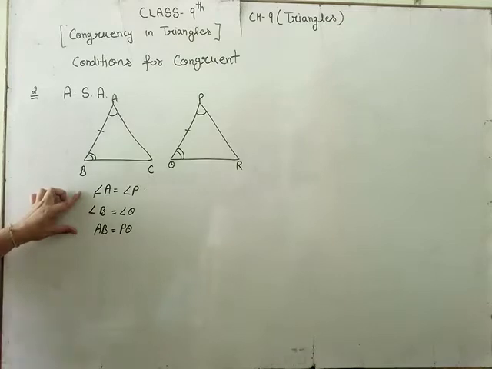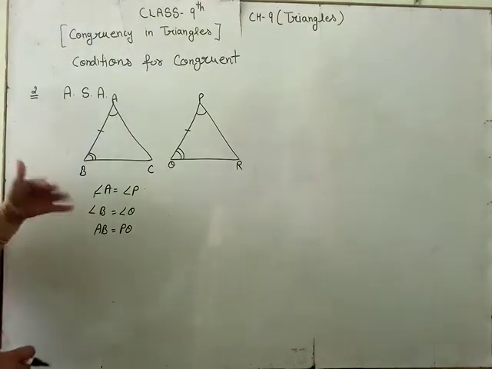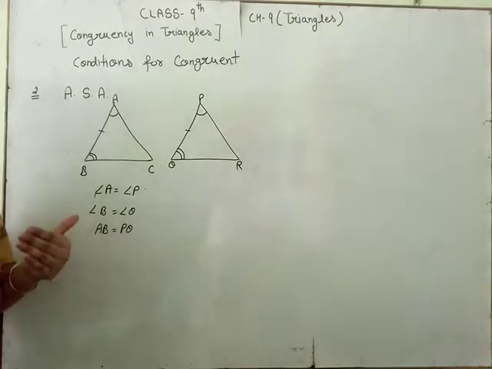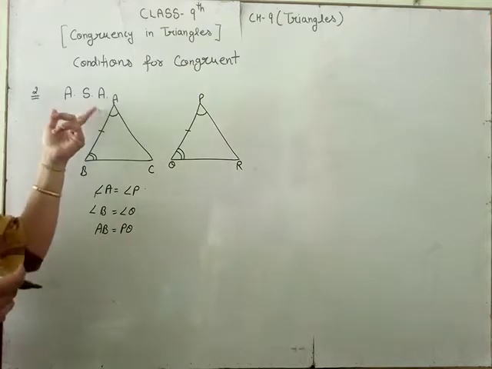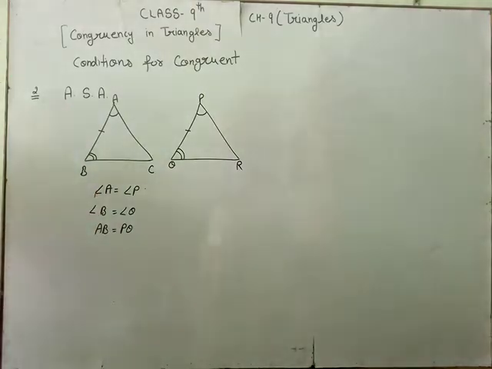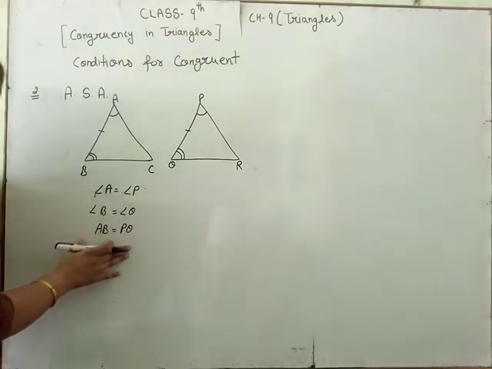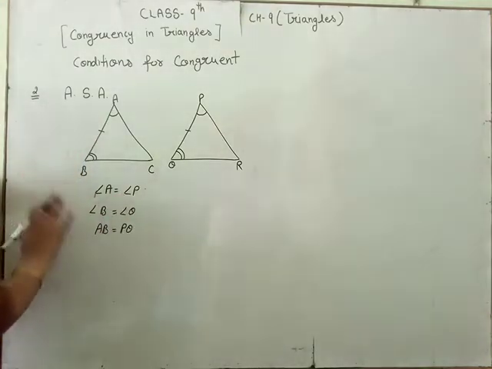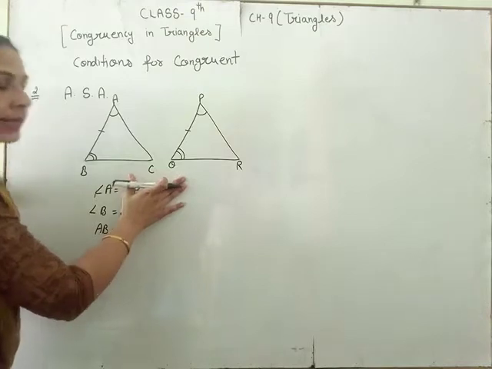If there are three parts, that means two angles and one side. In the previous case, two sides and one angle. Here, two angles and one side, and the side is the included side. Then we say these two triangles are congruent.